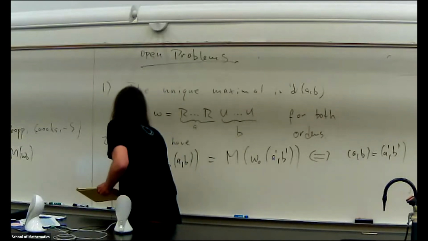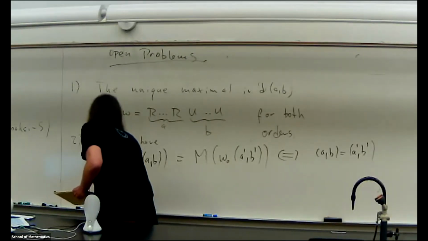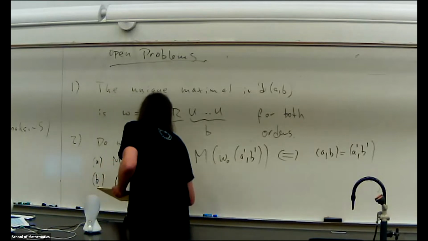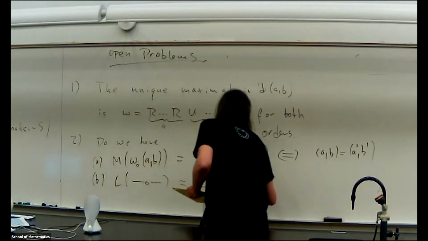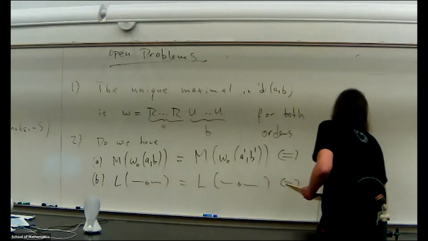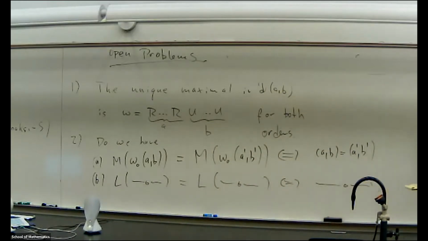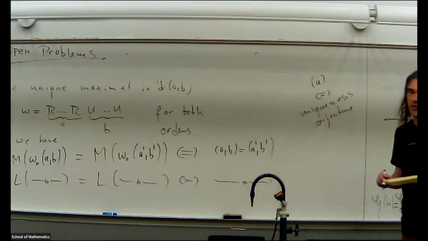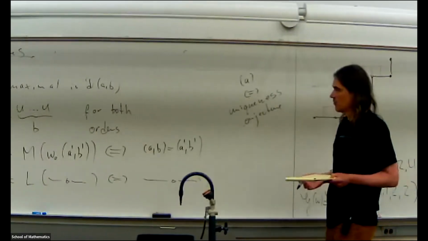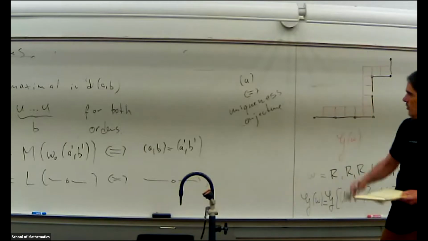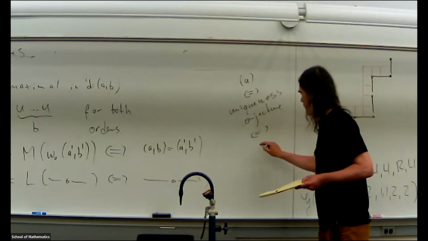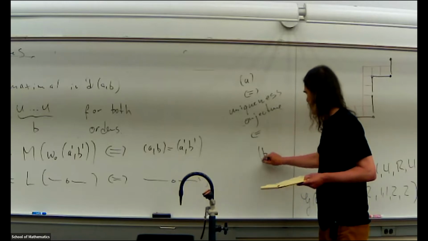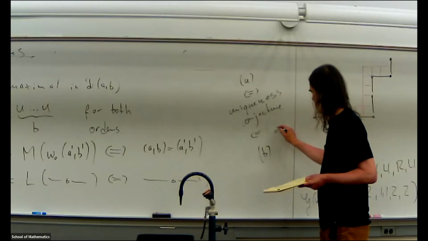Second, same question for L. And part A is equivalent to the uniqueness conjecture. So maybe you don't want to try to solve this, but maybe you want to. And this is kind of a new approach here, but I don't know if that helps you. And part B, well, part B implies the uniqueness conjecture, but probably is also equivalent to it.